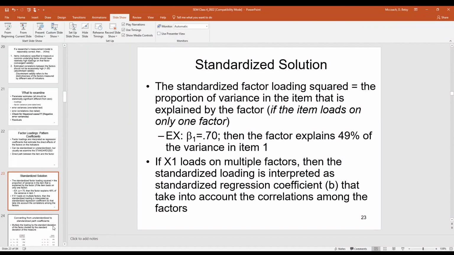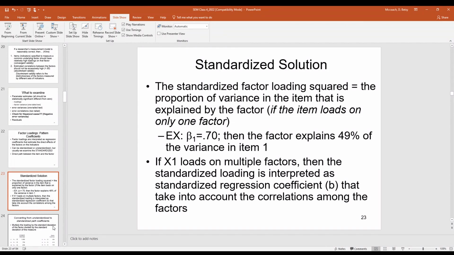With more than one factor, it's the independent contribution of the factor to this item. If X1 loads on multiple factors, then the standardized loading is interpreted like the standardized regression coefficient that takes into account the other factors, and the correlations among the factors.